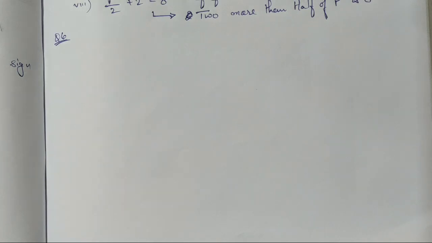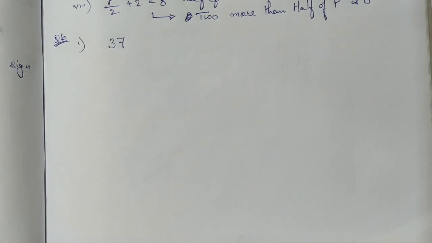Now let us start question number 6, which is again where we need to form an equation from the statement. So Irfan says he has 7 marbles more than 5 times Parmit's. Okay, so Irfan has 37. Since Irfan has 37, I'll write 37, and they are asking to take the number of Parmit's marbles as m.